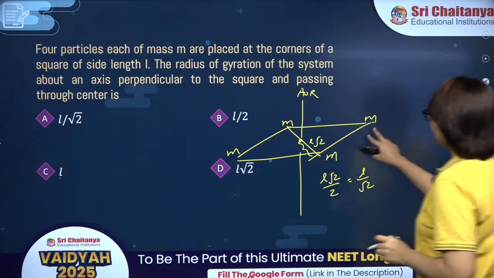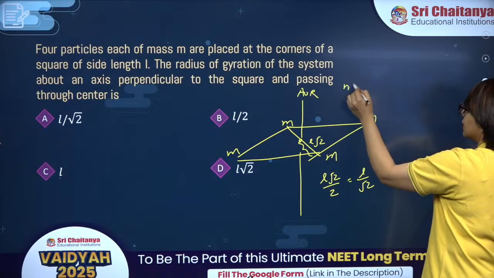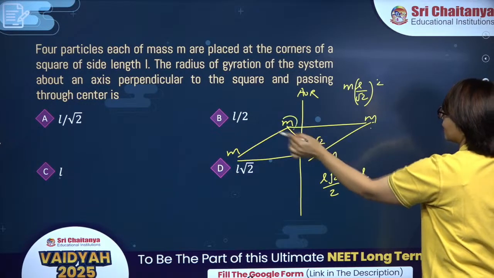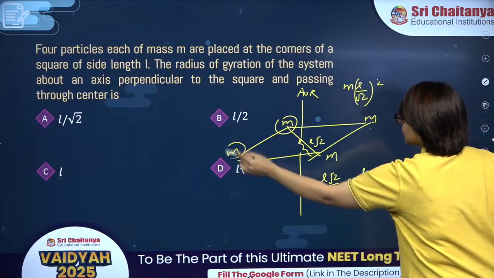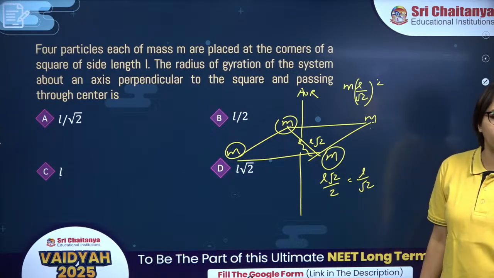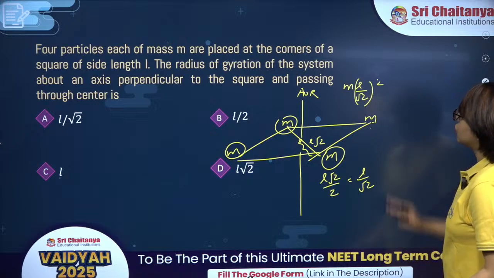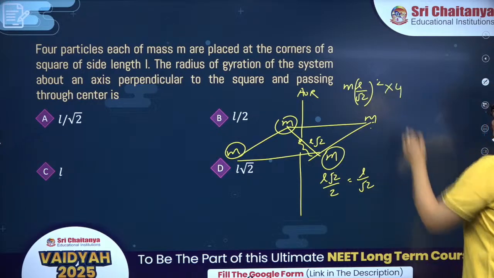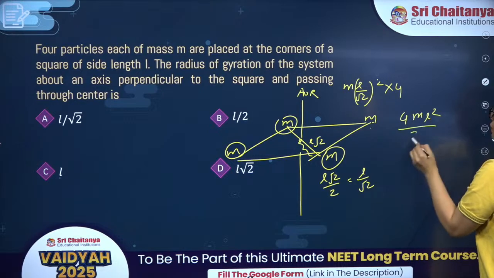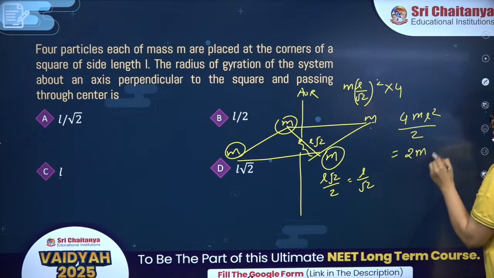So the moment of inertia of this mass is m (L by root 2) whole square. For this as well, m (L by root 2) whole square. For this as well, and for this as well. So the total moment of inertia is 4 times the moment of inertia of a single mass, which is 4 mL square by 2, which is 2 mL square.